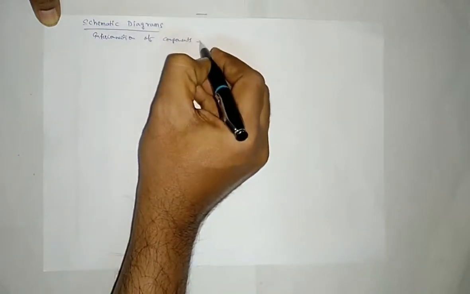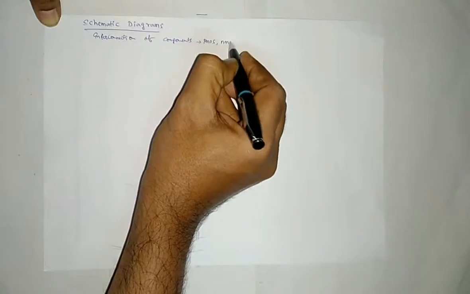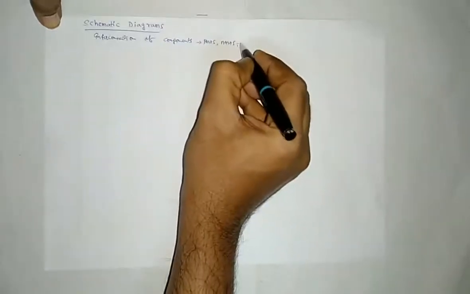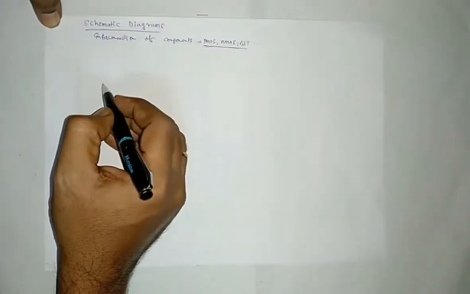Components here are nothing but MOS transistors, PMOS, NMOS, and BJT transistors. So the interconnection of these components is nothing but a schematic diagram.